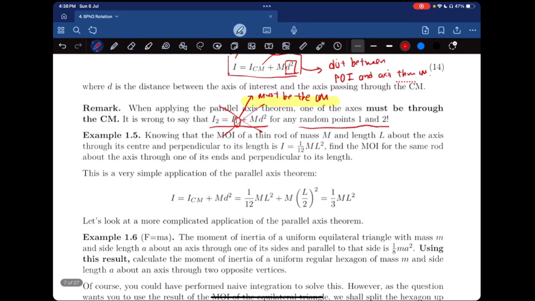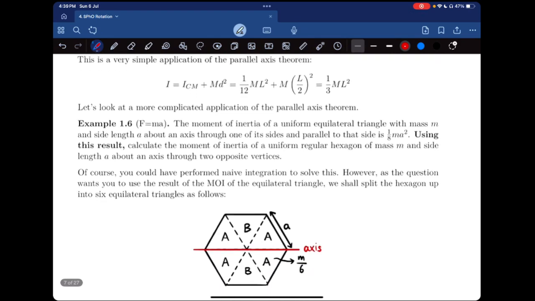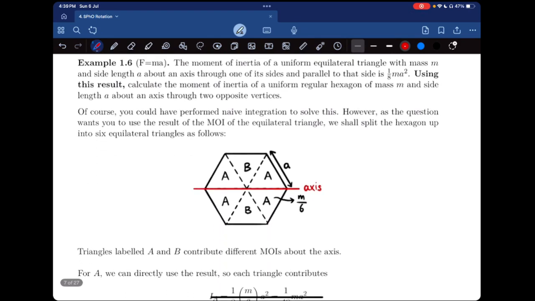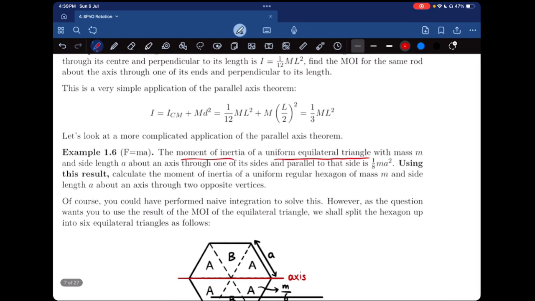So example 1.5 is quite trivial. It's a very simple application of the parallel axis theorem. Now a more complicated application would be example 1.6, where we are given the MOI of a uniform equilateral triangle about an axis through one of its sides and parallel to that side. So this is the axis.